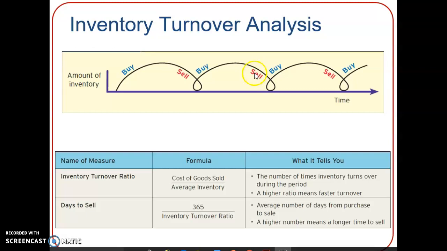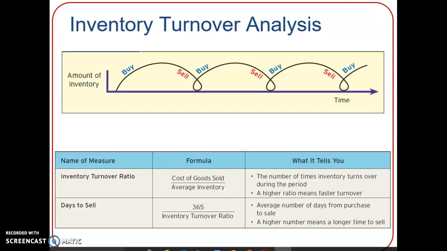So for most businesses, if we can sell our inventory at a faster pace, that would be better. So we use two related ratios to measure how quickly we can turn over or sell our inventories. The first one is inventory turnover ratio, which equals our cost of goods sold divided by average inventory.